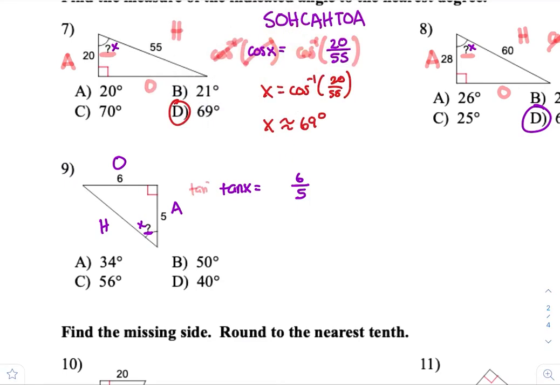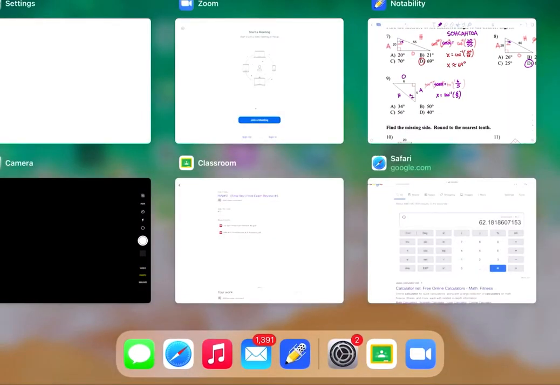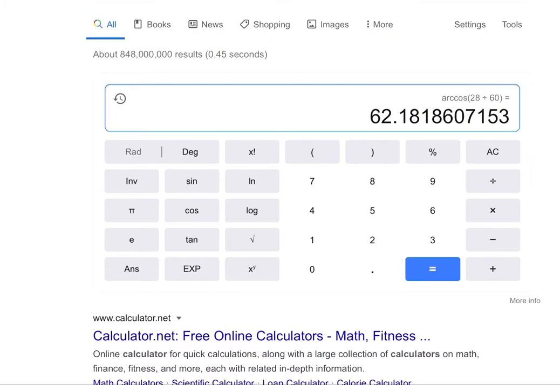So in order to solve for x, we've got to take the tan inverse of both sides. These cancel. So x is going to be tan inverse of 6 over 5. So tan inverse of 6 over 5, you guys. We're going to go to our calculator. Make sure that this is highlighting degrees.